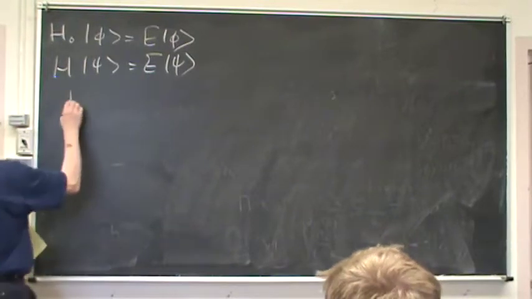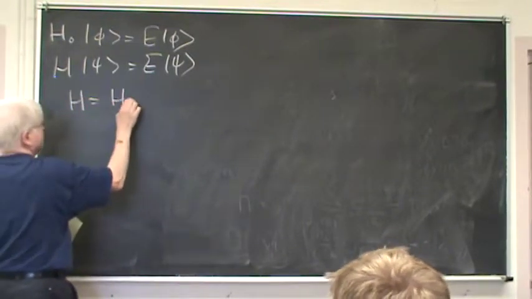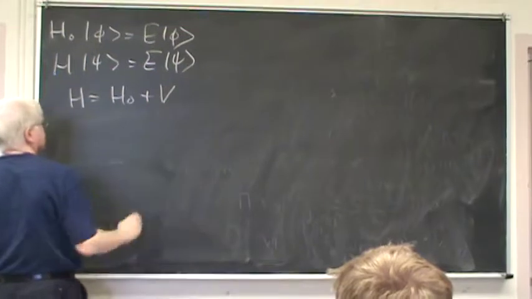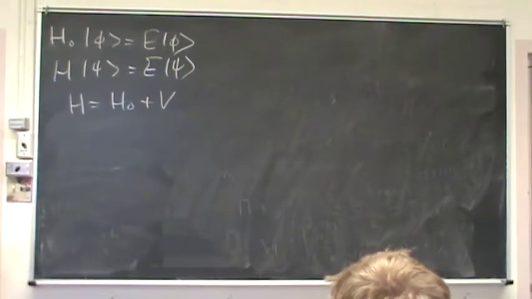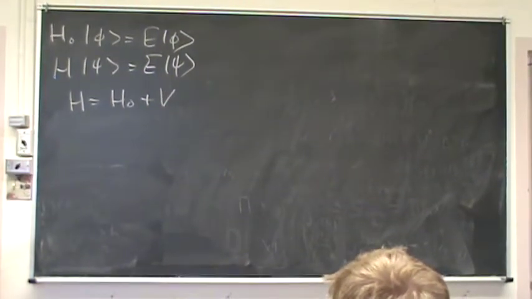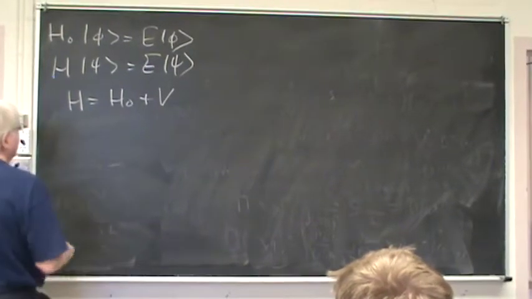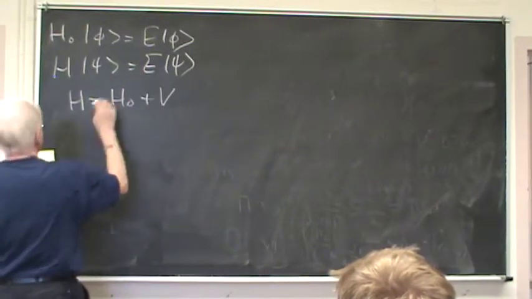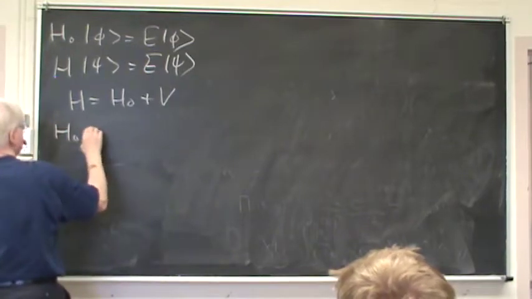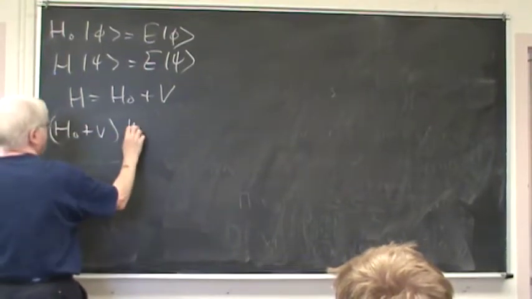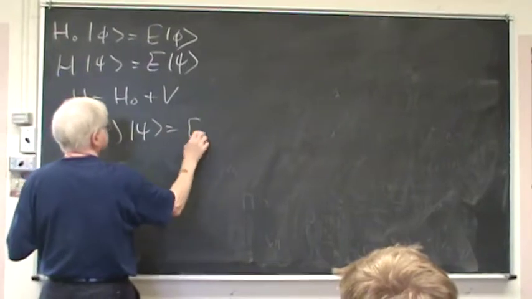Then we say H is H0 plus V, something that makes the energy impossible to diagonalize, or very hard, let's say. So the thing we want to solve is H0 plus V on psi is E psi.